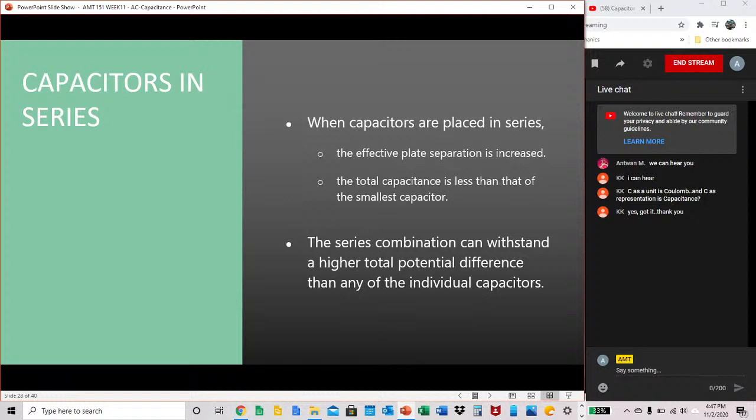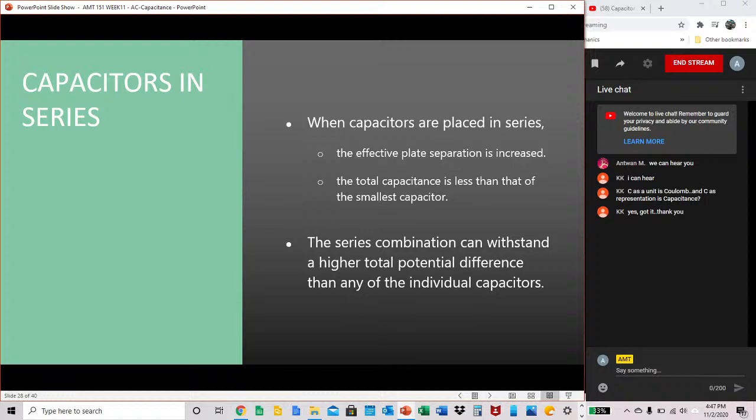Okay, so now this is totally opposite. When we're talking about capacitance, and we have capacitors in series, the capacitance is less than that of your smallest capacitor. Okay, so you see how it can get very easily confused.